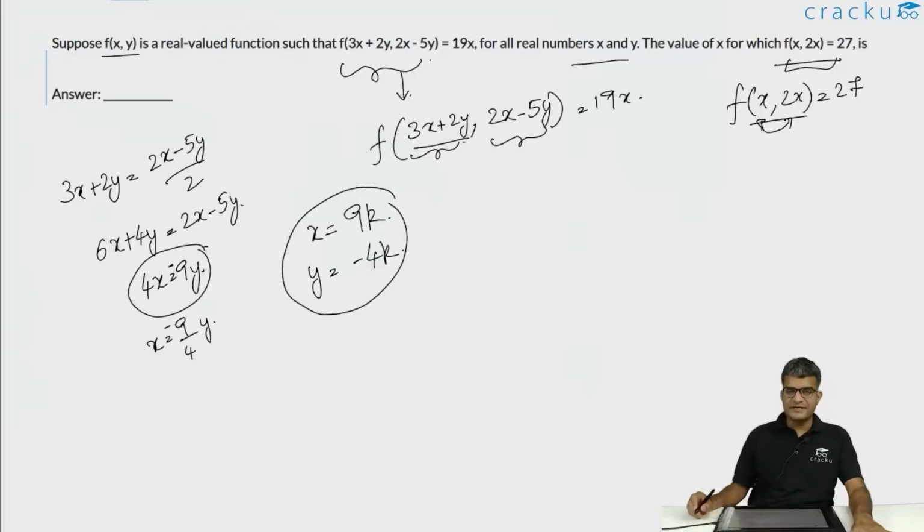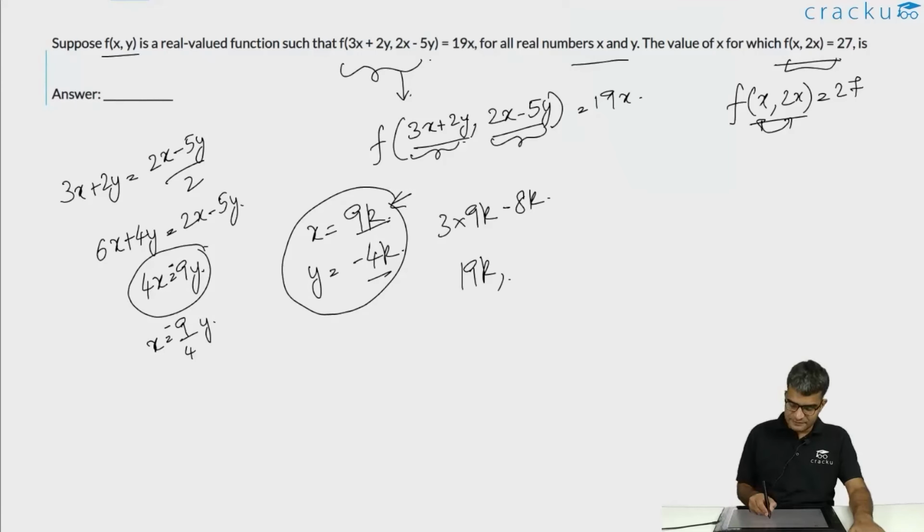If x is equal to 9k and y is equal to minus 4k, then looking at the first parameter, 3x plus 2y is 3 times 9k minus 2 times 4k, that is minus 8k. This is equal to 19k. And the second parameter will be 2x minus 5y. 2x is 18k minus of minus 20k, because 5y is minus 20k.